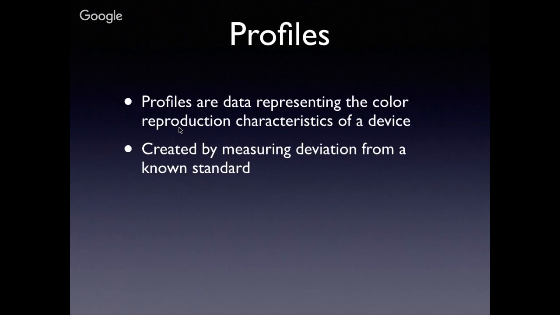So the software then says, okay, the monitor is deficient in red. When it's asked for a pure red, the monitor's not giving it. It's 10 R short. So what the profile then does is that every time Photoshop asks for a pure red, the profile knows this and says, okay, it's only going to show 245, so I'm going to add 10 R to it.